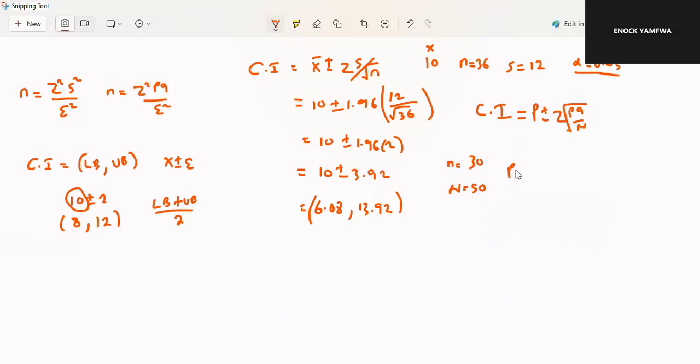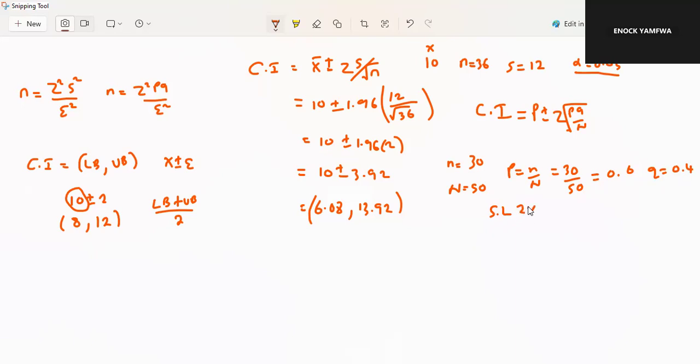To find the proportion, it is simply the small n over the big N. So 30 divided by 50 is equal to 60%. So what becomes the Q if P is 60%? The Q should be 40%. Then we're given our level of significance as 98% or 2%.